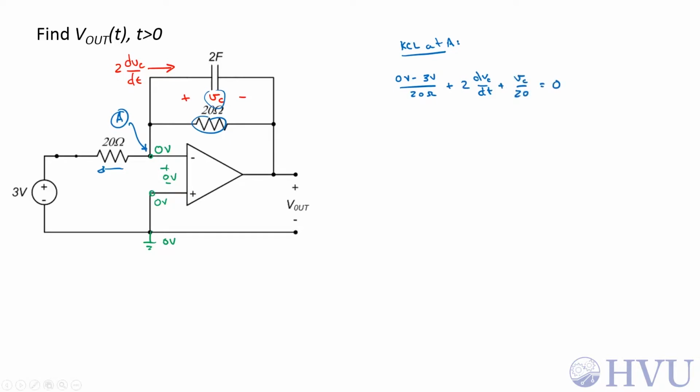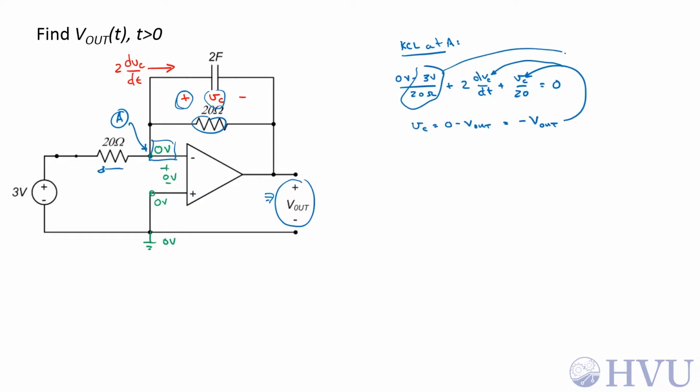That sums to 0. Now we've got one equation and one unknown, which we can solve for V sub C, but what we really need is V out. So let's write V sub C in terms of V out. V sub C is the difference between 0 volts here and V out, with the 0 volts being the assumed higher voltage terminal. So V sub C is just equal to 0 minus V out, the negative of V out. I can plug that in here and there.